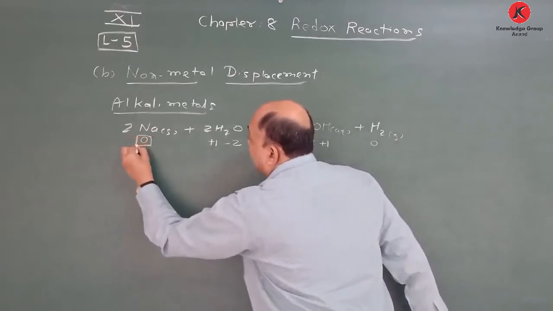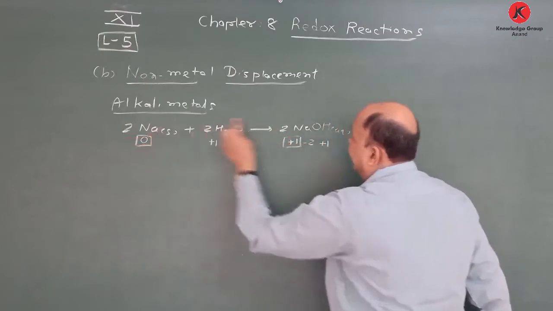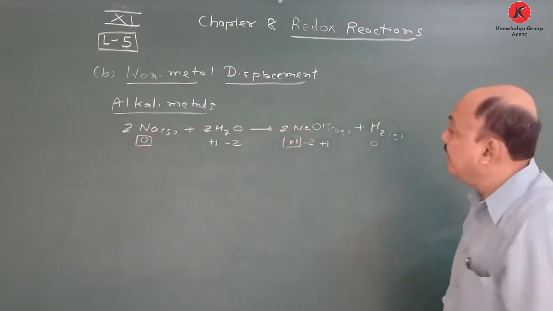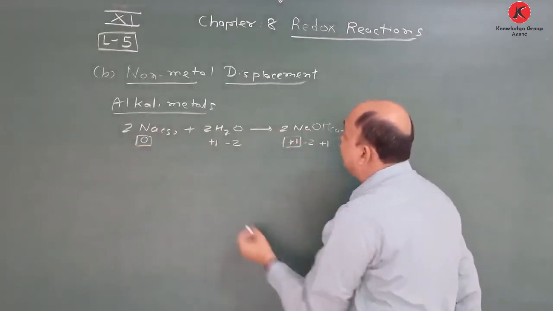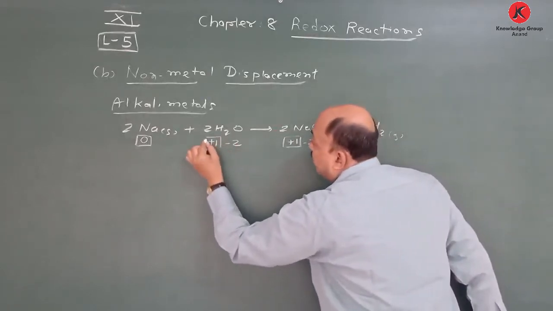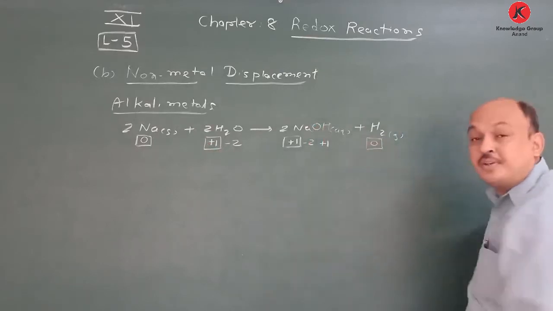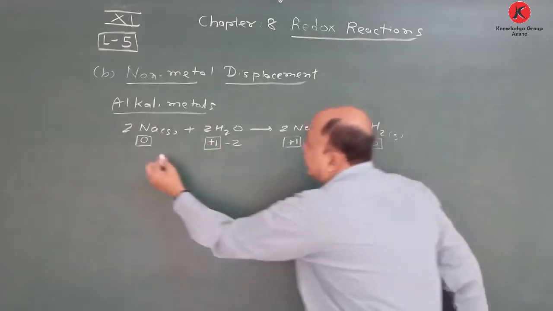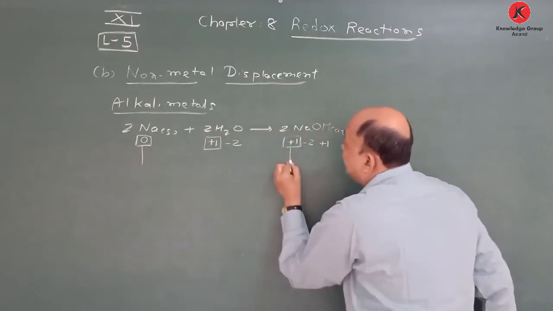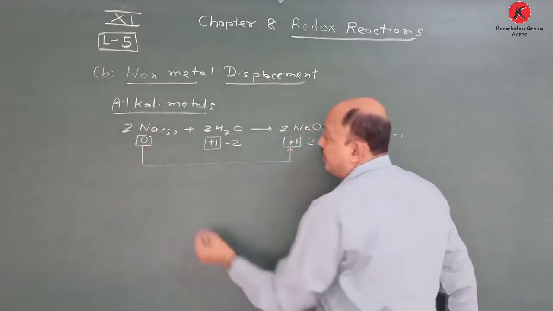Now the change in oxidation number: Na 0 to Na plus 1, and here 2H, plus 1 is converted into H2, which is 0. So there is a change in oxidation number, 0 to plus 1.